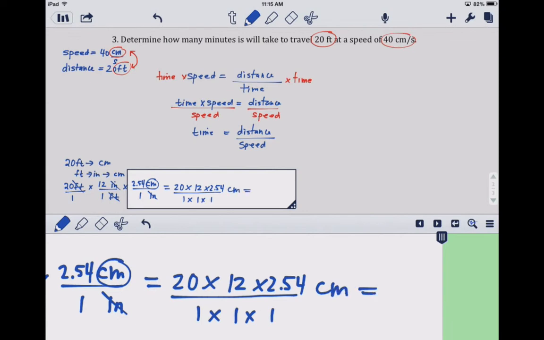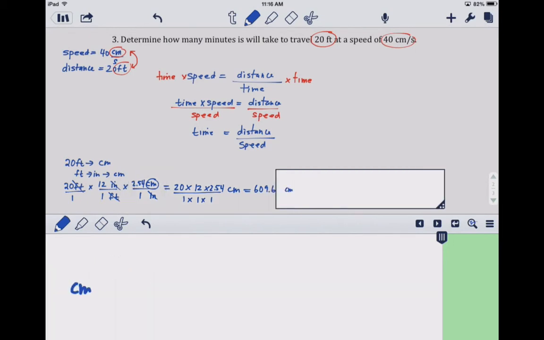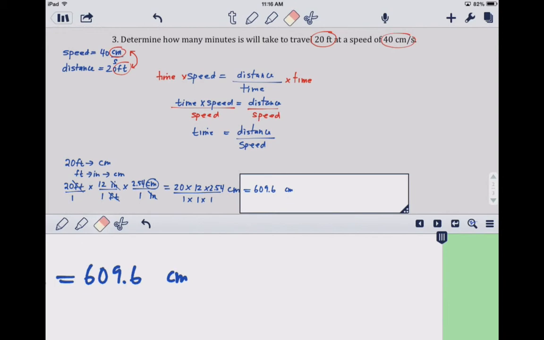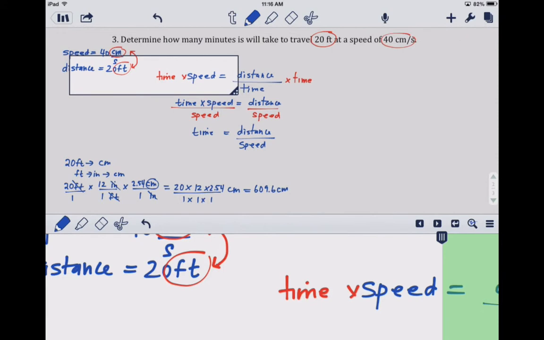So 20 times 12 times 2.54 is 609.6 centimeters. So I now have units that match. I can go up here and write that this equals 600, I'll just make it 610.